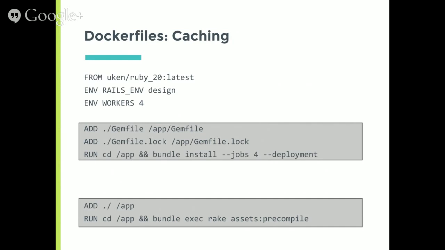So in order to get around this, we first copy our Gemfile and Gemfile.lock, and run bundle install. If those two files didn't change, the following bundle install will not run. And if the application changed, then it doesn't matter. We don't get to run bundle install over and over again just because the application changed.